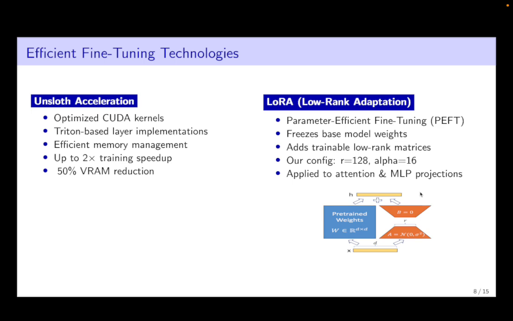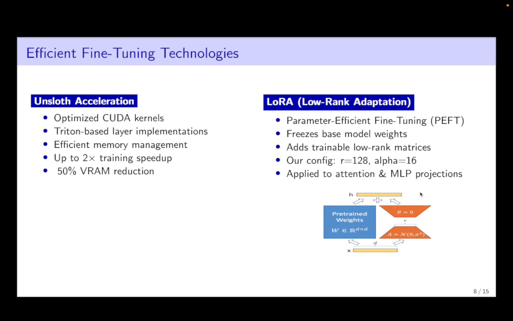To make fine-tuning feasible and effective on the available hardware, we leveraged two key technologies. First, Unsloth, a library designed to accelerate LLM training through optimized kernels and memory management, giving us significant speed-ups and VRAM reduction.